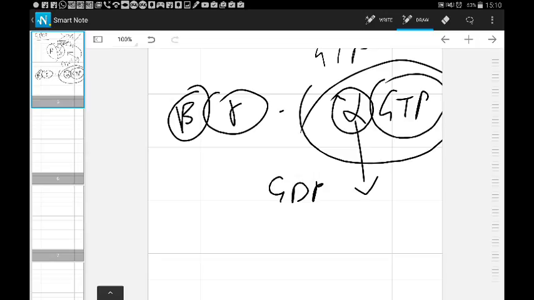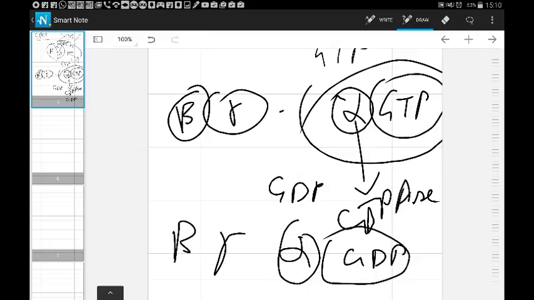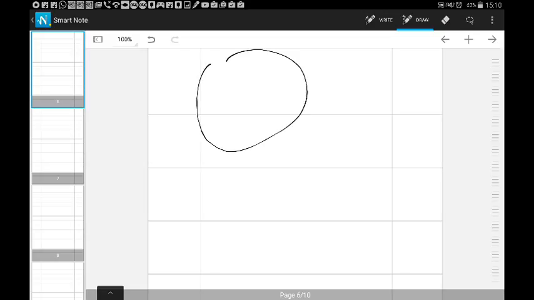This alpha has a GTPase activity. That is, it removes the inorganic phosphate from GTP and converts it into GDP. Once it converts into GDP, the alpha GDP subunit again binds to beta and gamma, and they form the G protein again.